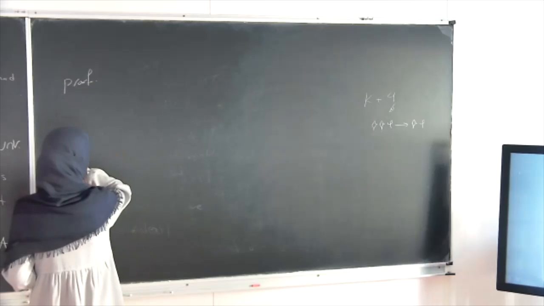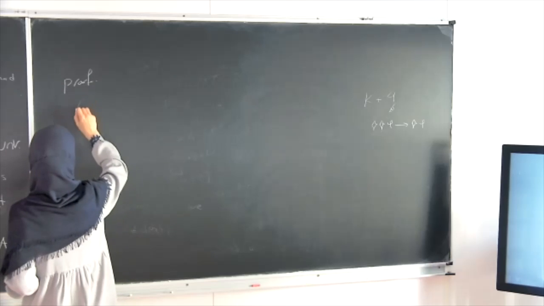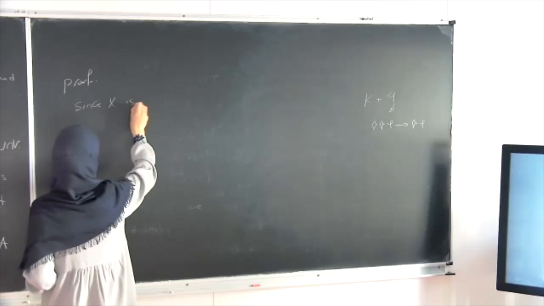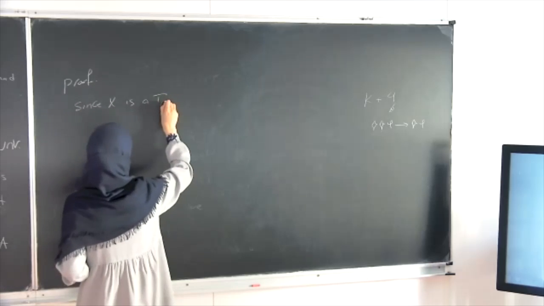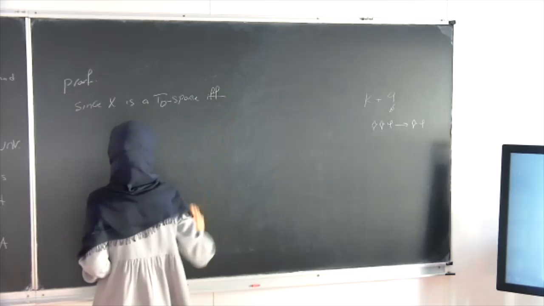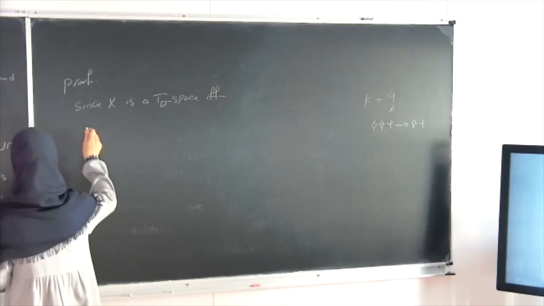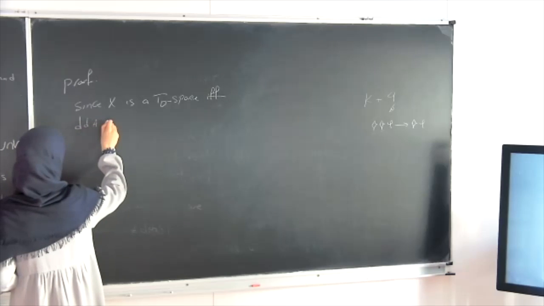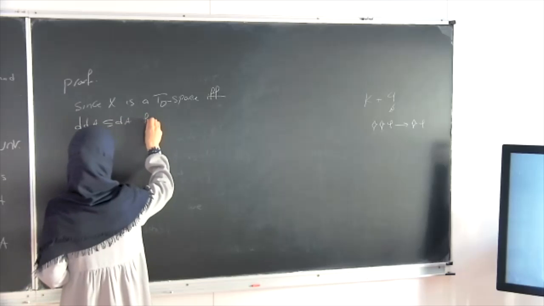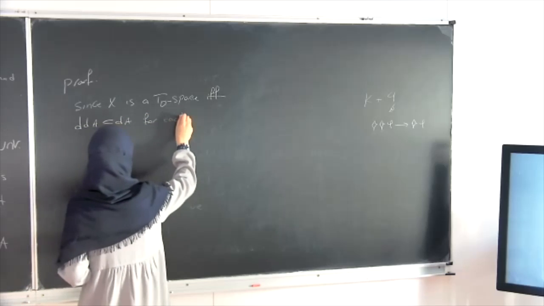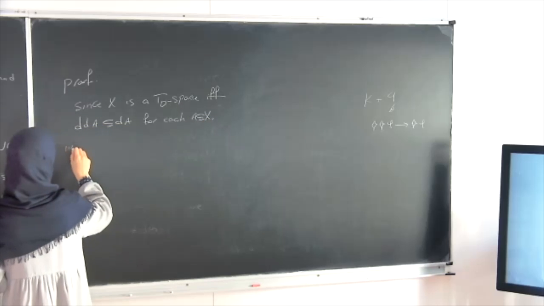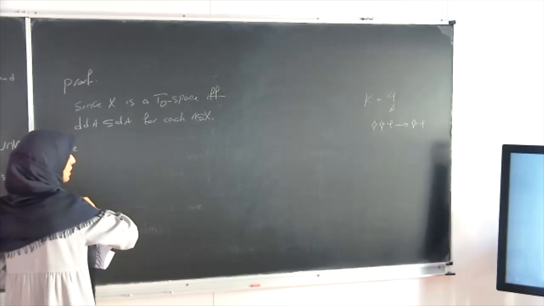By the previous proposition, we know that D of D of A is a subset of D of A for each A as a subset of X, so we can obtain the soundness part.